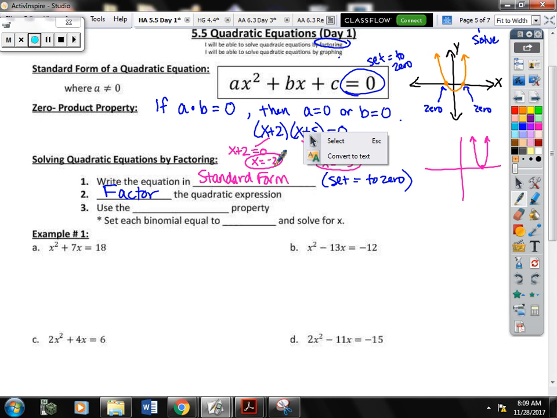And then we'll use the zero product property, which is basically setting each binomial equal to 0 and solving for x to get our two answers. Now there is a chance you could get 3 answers, and that would happen if it were an x cubed function, and we could take a GCF out. You'll notice that the degree of the polynomial is going to tell you how many solutions you should get.